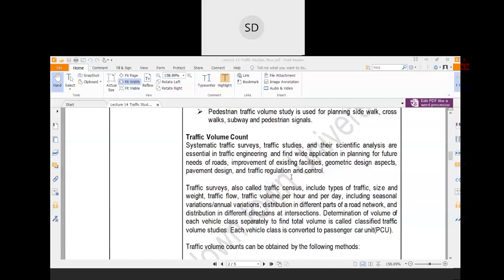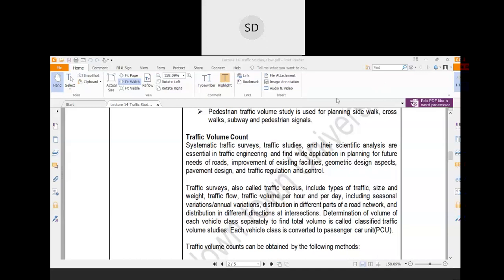So why is it passenger car unit? Generally, the passenger car is considered as standard. Its PCU value, or passenger car unit value, is considered as 1, and based on the passenger car, all the other vehicle types are converted into passenger car unit.